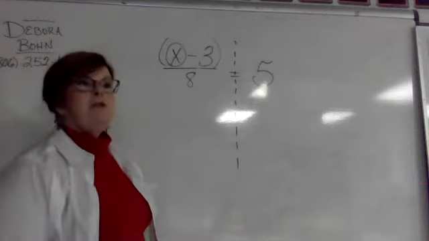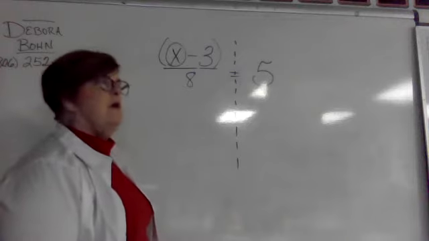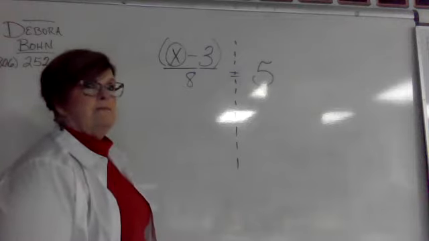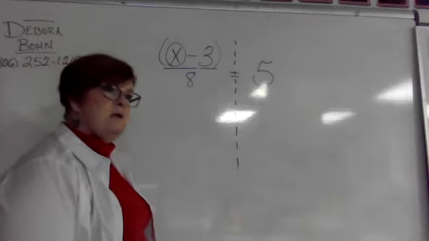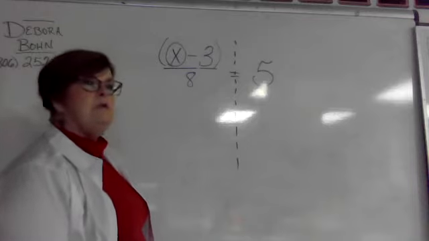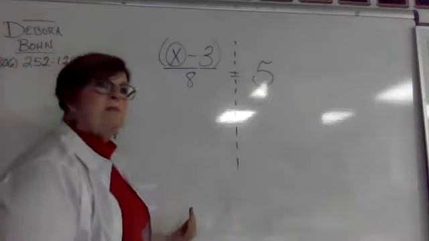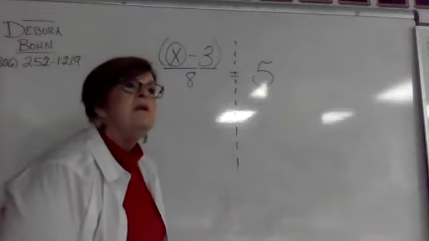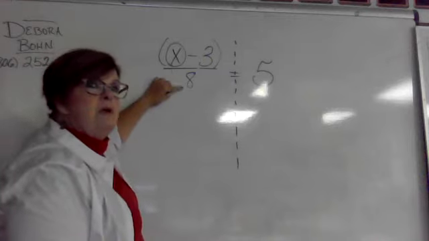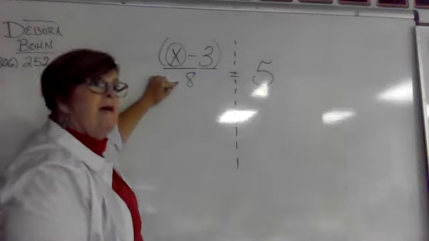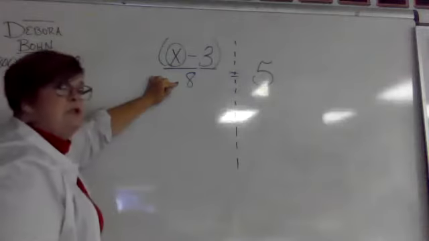How is the 8 hooked to the rest of the problem? It's hooked by this divide sign. If I want to get rid of a divide by 8, I have to do the opposite operation, which is multiply by 8.